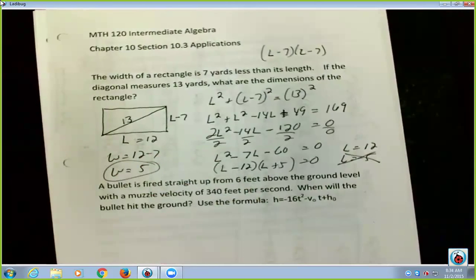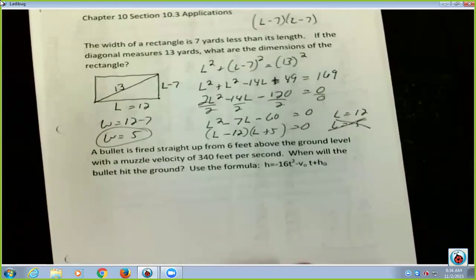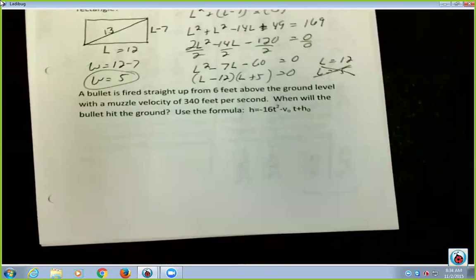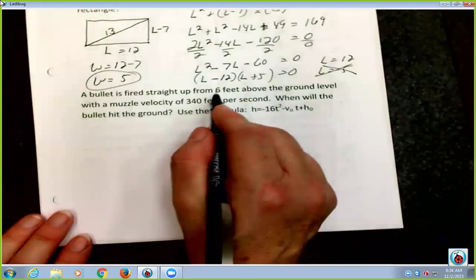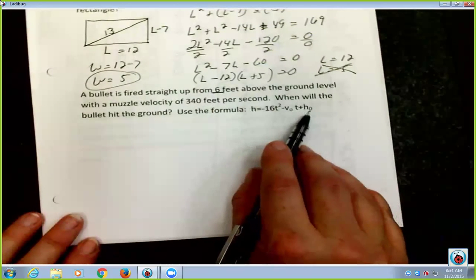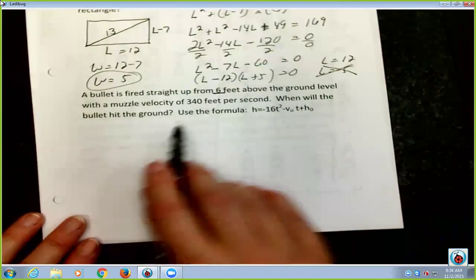So sometimes they do factor, but if you can't factor them, just hop in and do the quadratic. It works probably just as fast as factoring when you work through those. And then the bottom one, it says a bullet is fired straight up from 6 feet above the ground. Now this one's changed because instead of H subscript 0 being 0 like our last one, it's going to be 6.